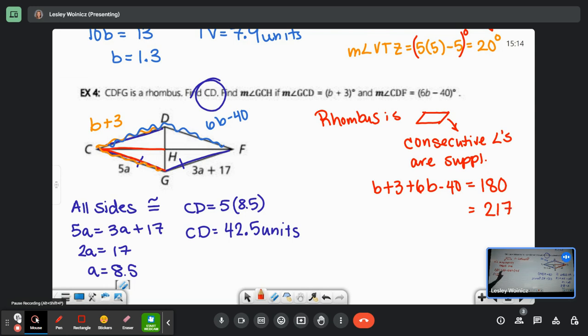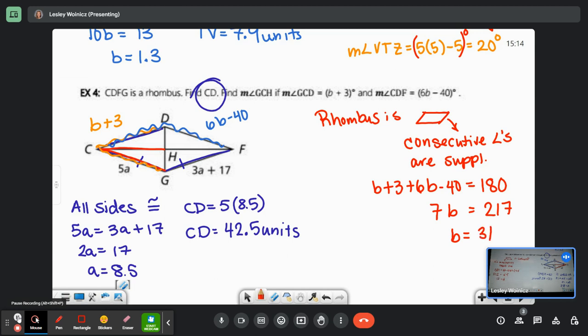Now I've got 7B. What is 217 divided by 7? 31.